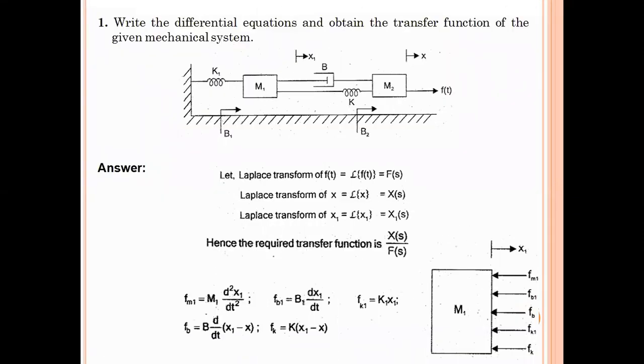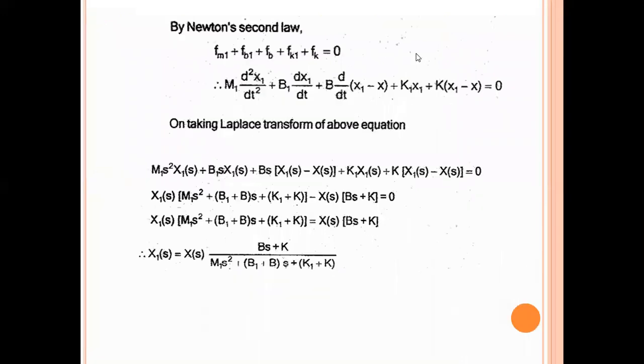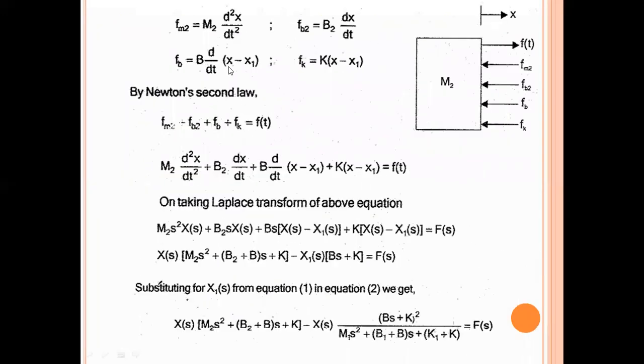So we need to include the resultant displacement of these two, which is x1 minus x or x minus x1. But now we are at M2, so we must give priority to x, because at M2 x is the displacement. That means we need to write x minus x1 this time. Here also x minus x1.